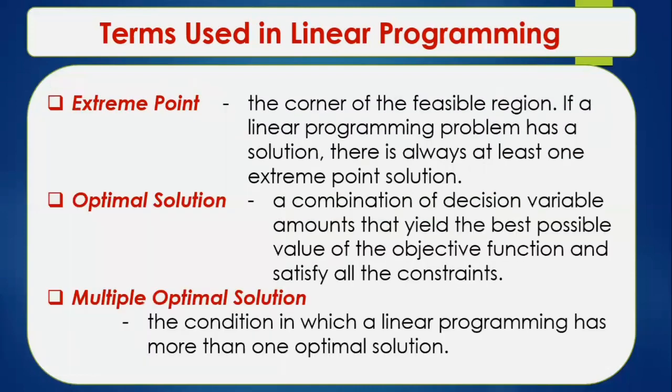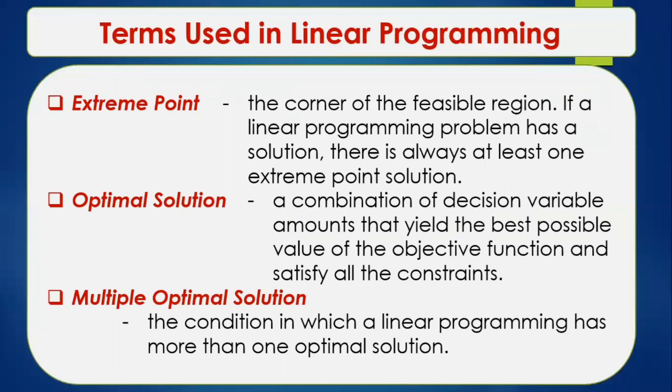And we also have what we call extreme point. Extreme point is the corner of the feasible region. If a linear programming problem has a solution, then there is always at least one extreme point solution, okay?